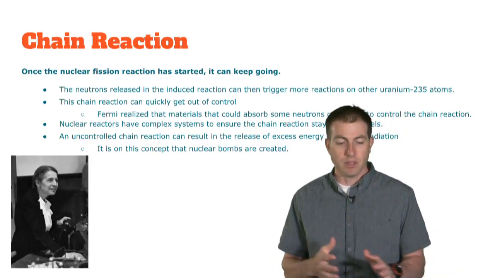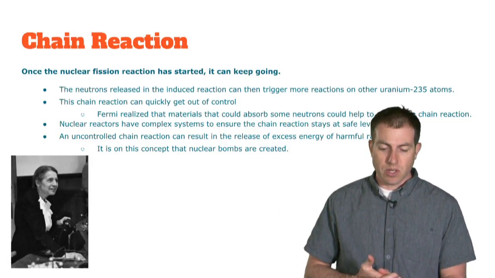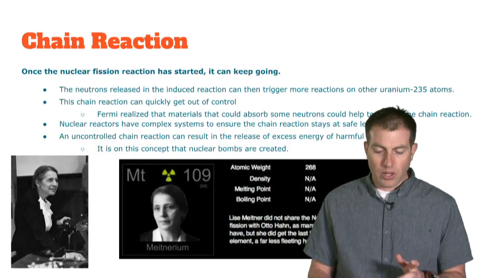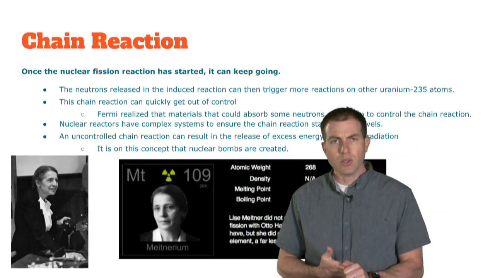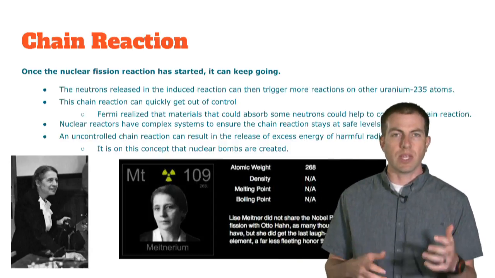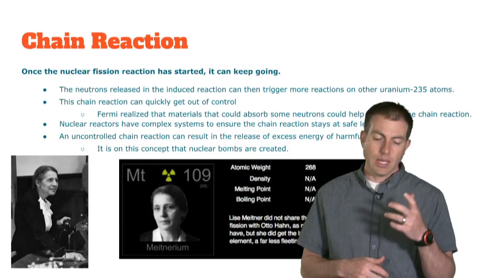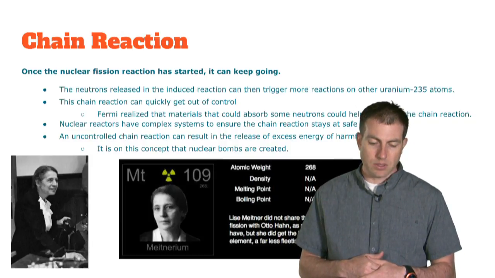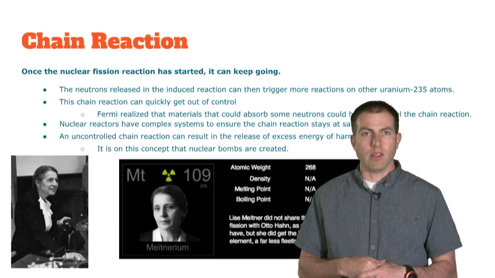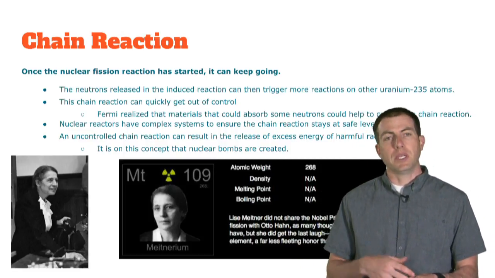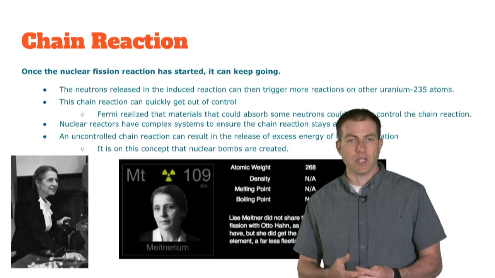She was extremely bright. And there was another guy named Otto Hahn, who was also working on the same stuff, and they worked together. He ended up winning a Nobel Prize for his work, and Lise Meitner did not win anything because she was a female, which is repeated again and again and again through the history of science.